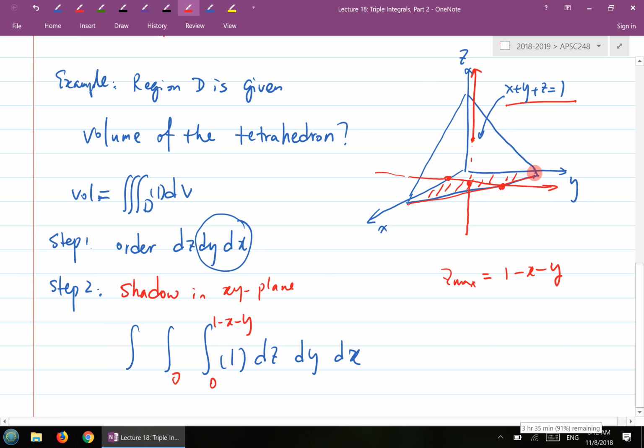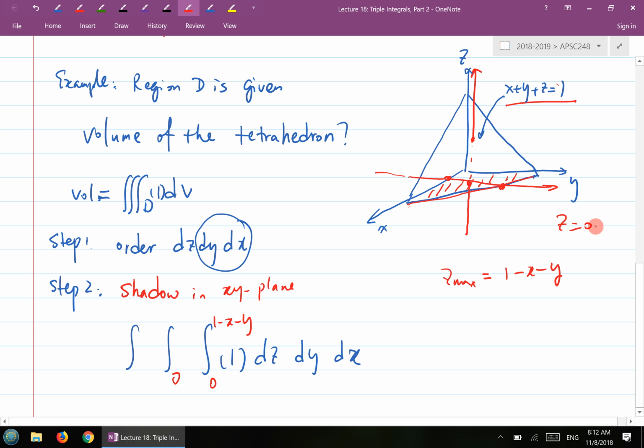This edge is the intersection between the plane x plus y plus z equal to 1 and the xy plane. So what will be this line equation? Basically 2 planes intersecting give you a line, right? We need the line equation here. So this intersection with the xy plane means z equal to 0, right?